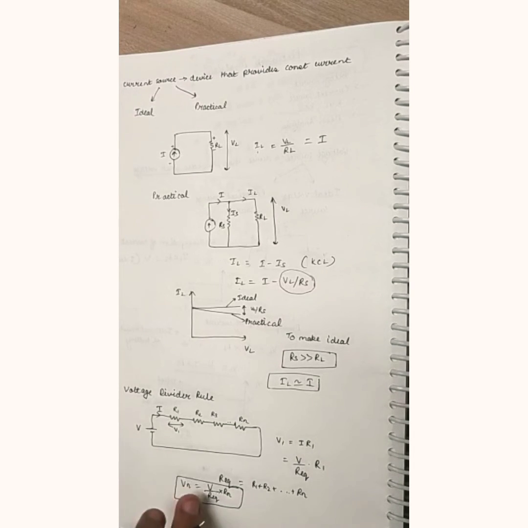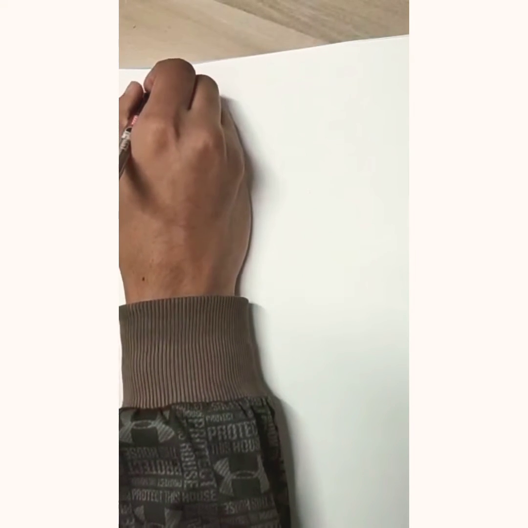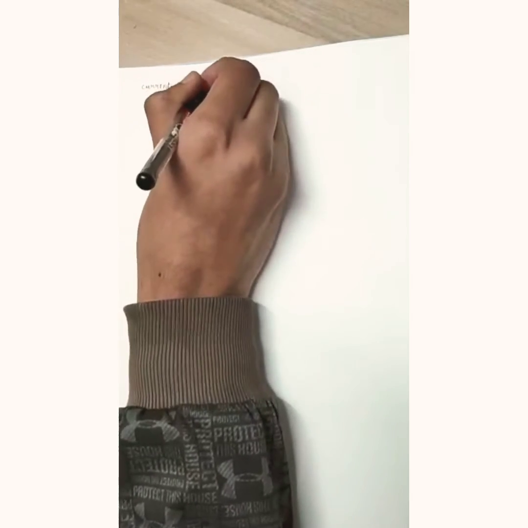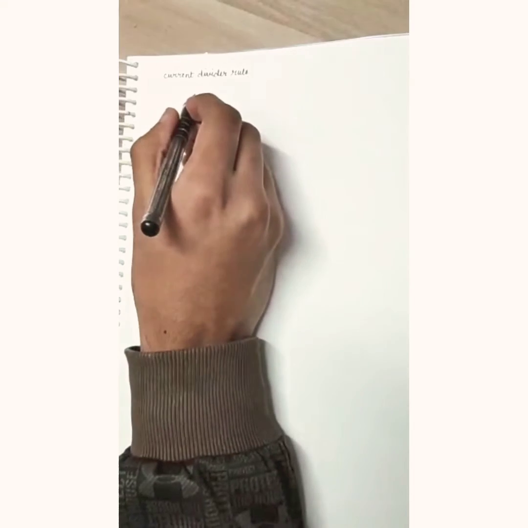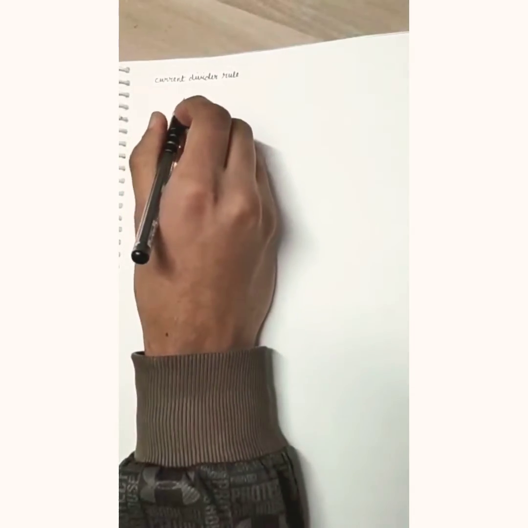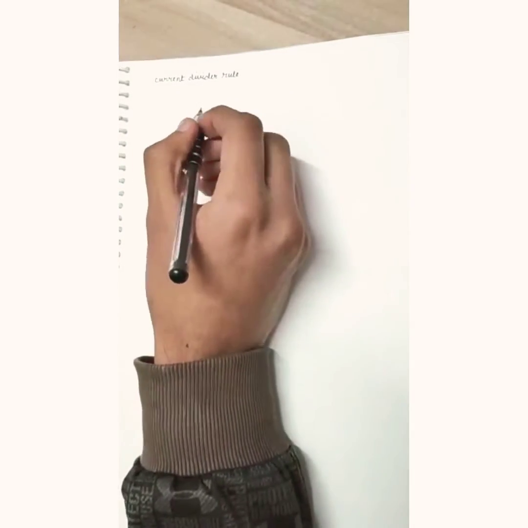Now let us see another rule, which is the current divider rule. Let us draw the circuit for studying this particular rule. In the current divider rule, we will be considering a current source.